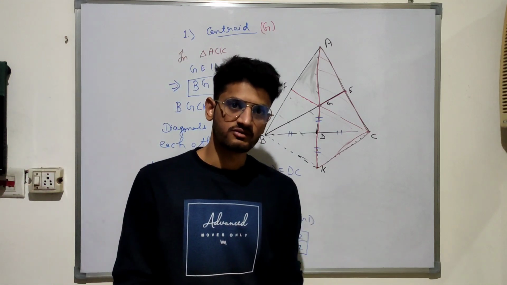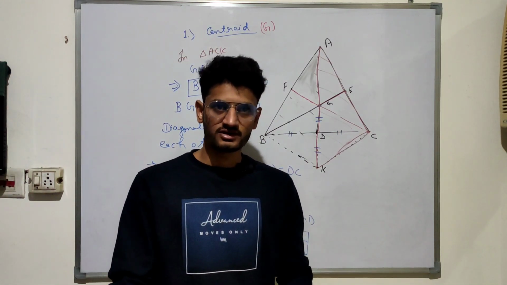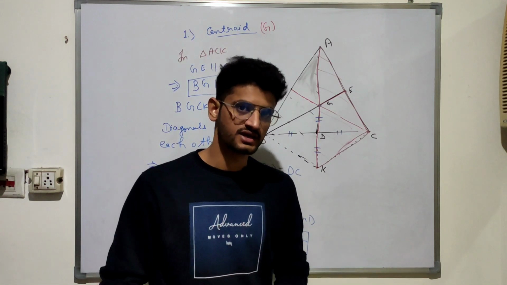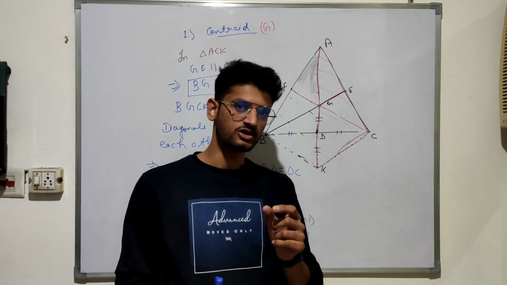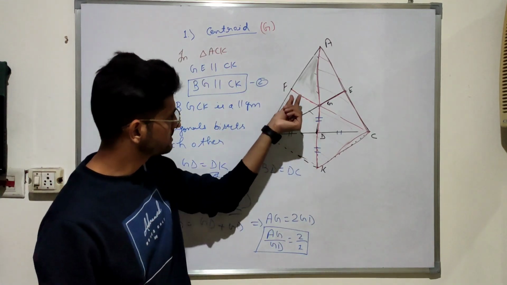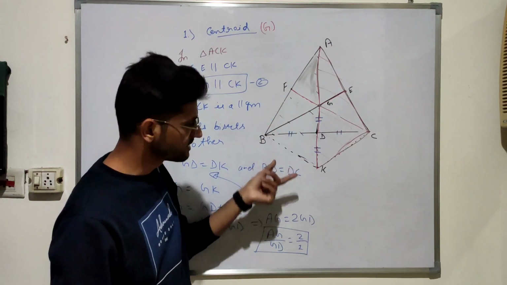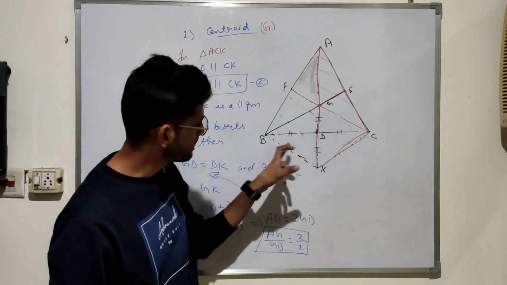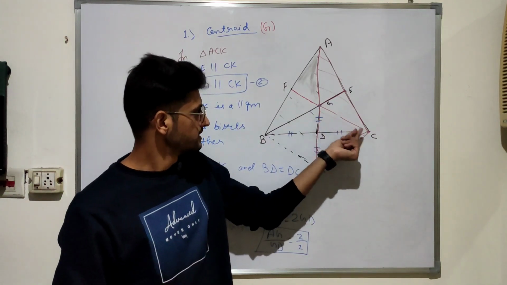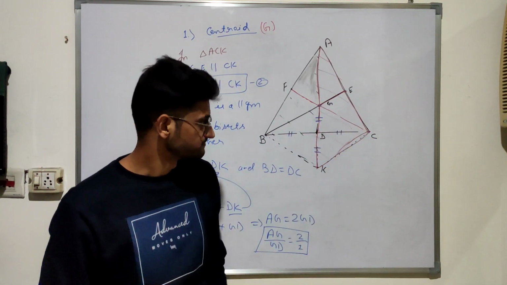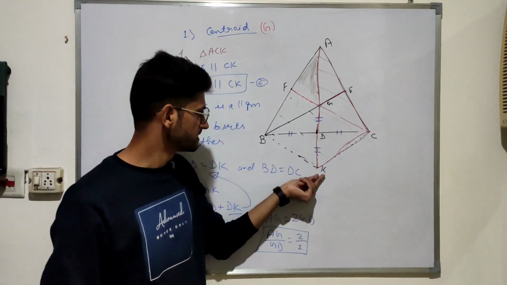So applying the midpoint theorem here, what the midpoint theorem says is, if we have midpoints of two sides in a triangle, then the line joining those two points is going to be parallel to the third side. Similarly, we are applying here that FG is going to be parallel to BK. It means that GC is going to be parallel to BK. Why? Because since G is a centroid, it will also pass through the point C. So GC is going to be parallel to BK.